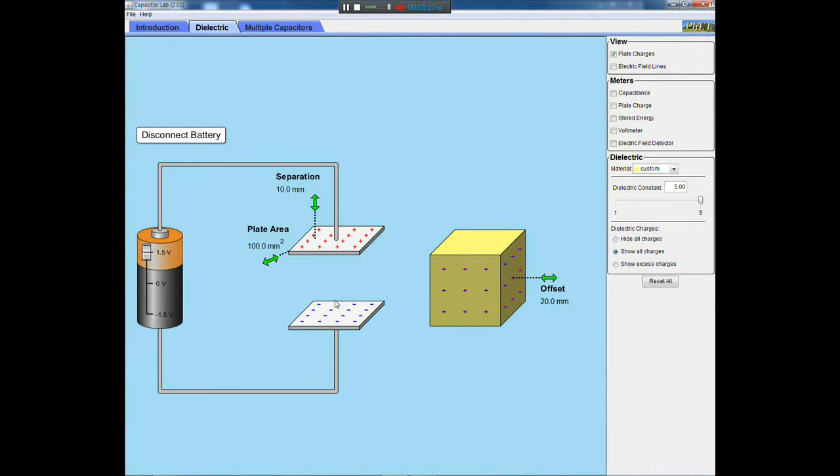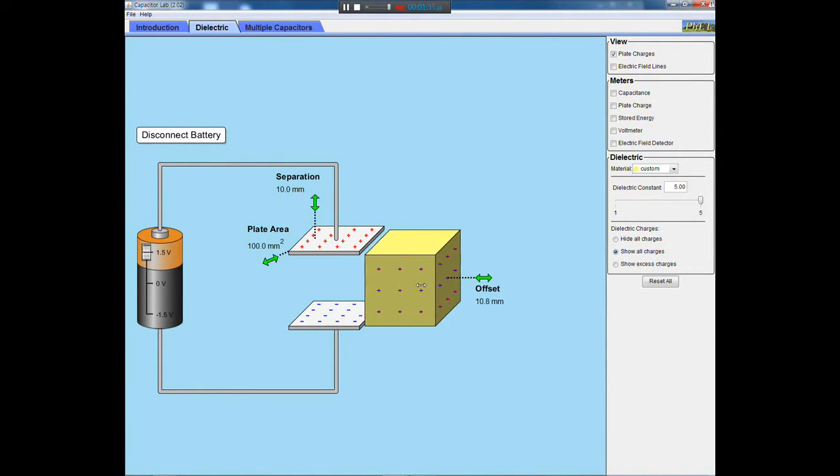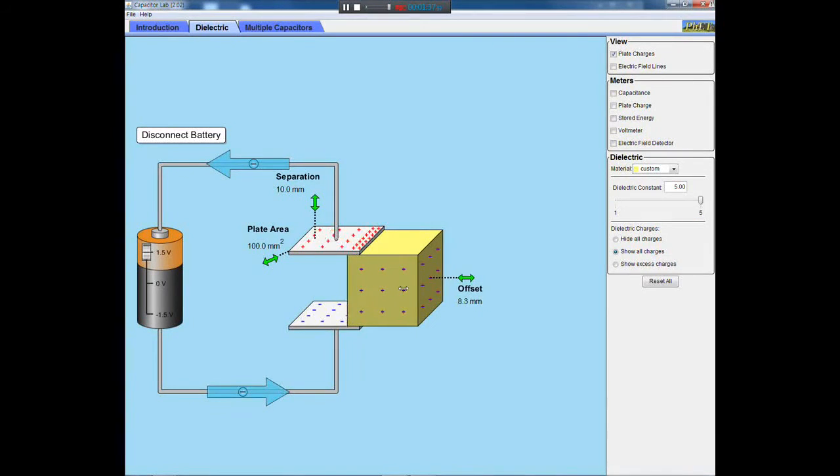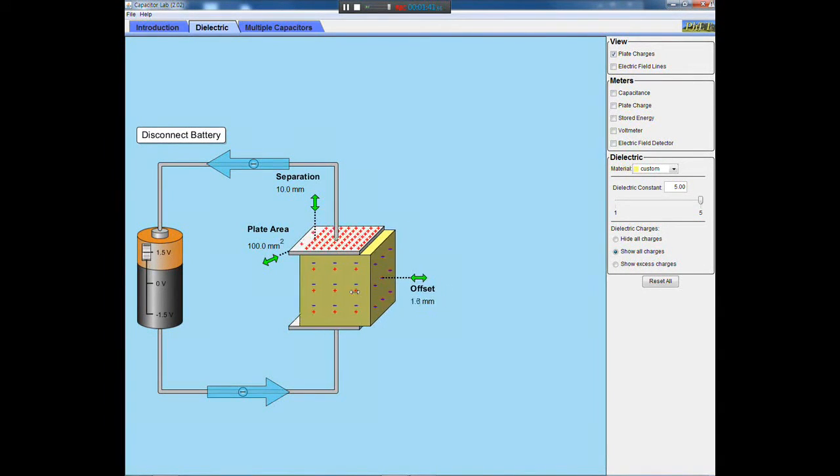Okay, and then let's see what happens if you insert these dielectrics between the two plates. Take a look. Can you see that the number of charges on these two plates is again increasing when you insert the dielectrics? This is what the dielectrics will do when you insert them into the gap between the two plates.